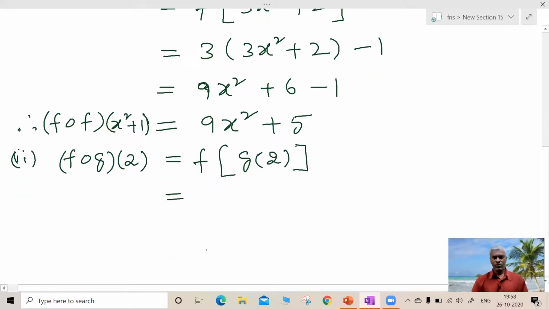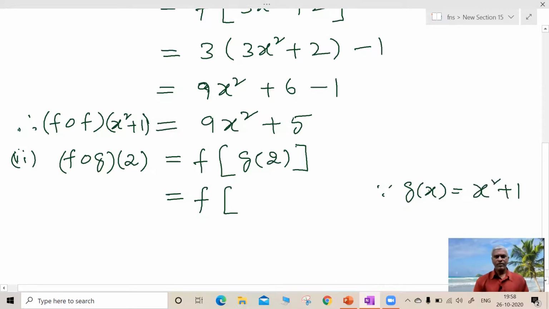So g of 2 is, since g of x is equal to x square plus 1, in place of x write 2. So this is 2 square plus 1, that is 4 plus 1, f of 5.